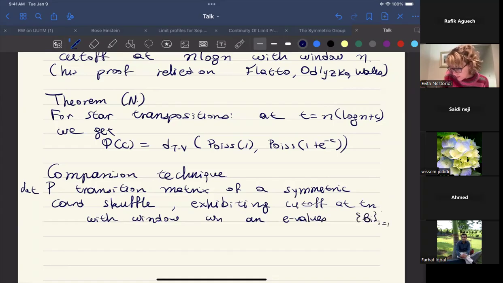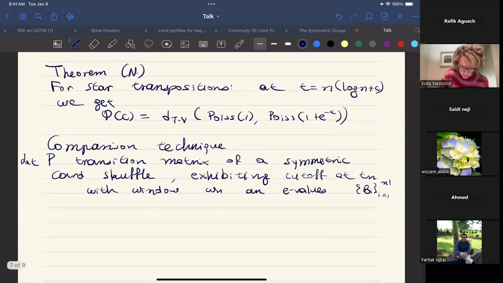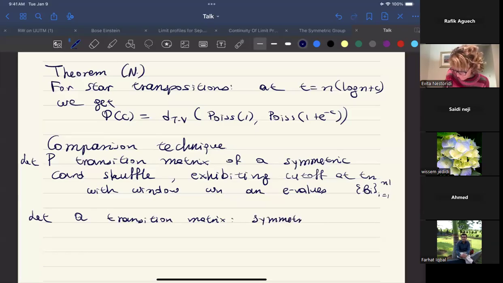Okay, so that's random transpositions. Now star transpositions. Let Q be another transition matrix, again symmetric, with cutoff at Tn bar and window Wn bar and eigenvalues, not beta again, let's say Qi.